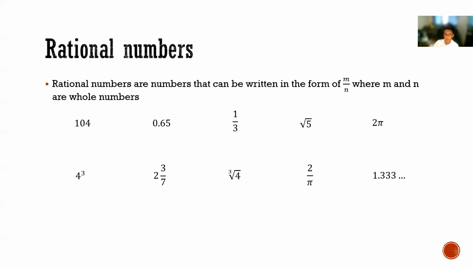So which ones here? We see all this. A number itself will definitely be a rational number. When I have a decimal like that, it's also rational. A fraction like that is also rational.